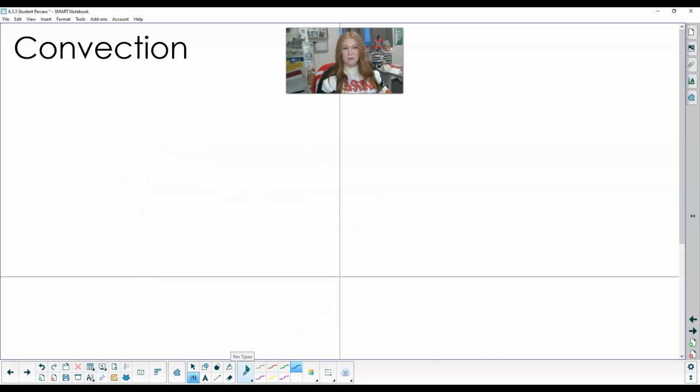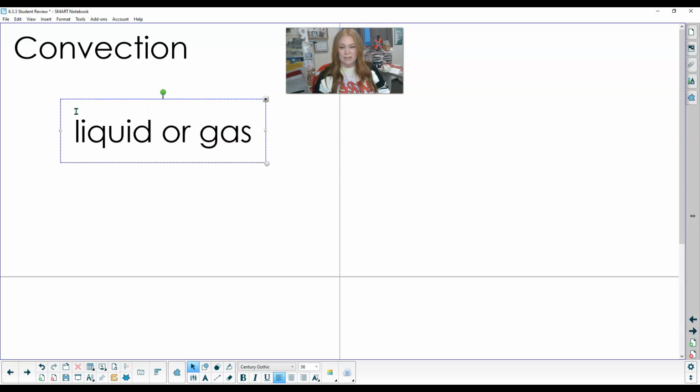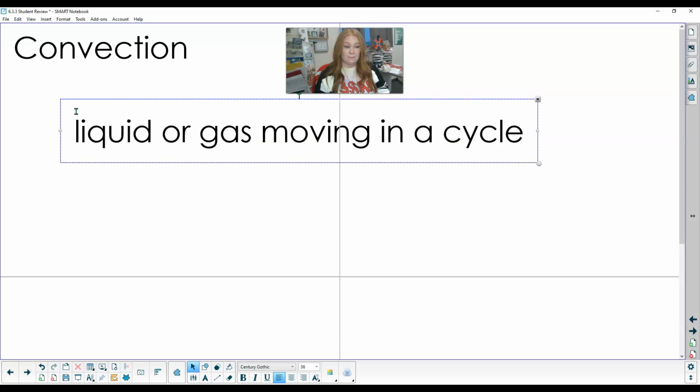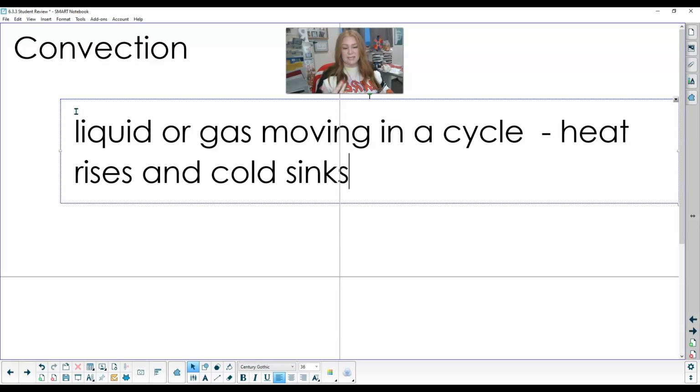So convection, we've learned about this several times this year. Convection is when we have a liquid or gas moving in a cycle. The heat rises and cold sinks.